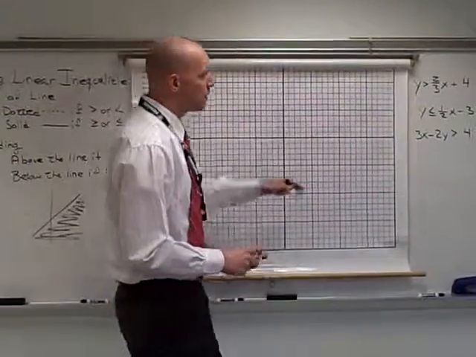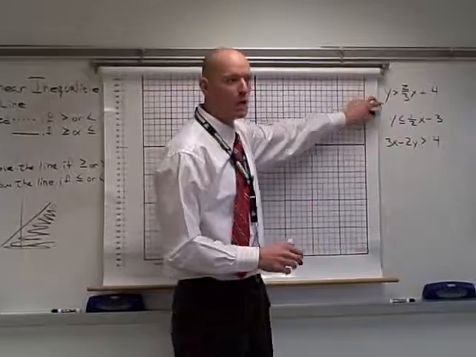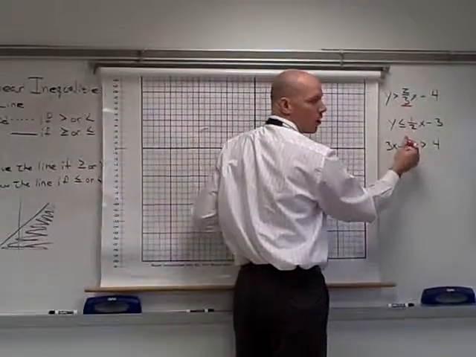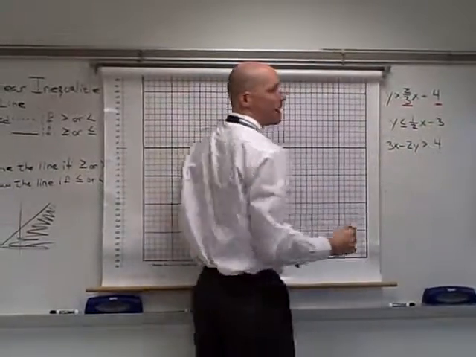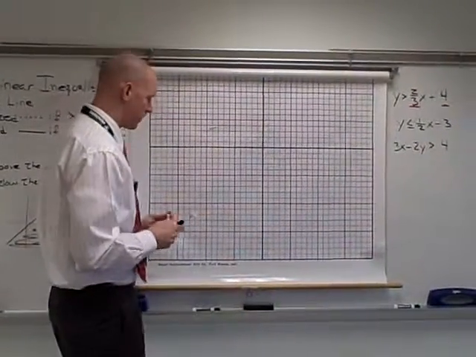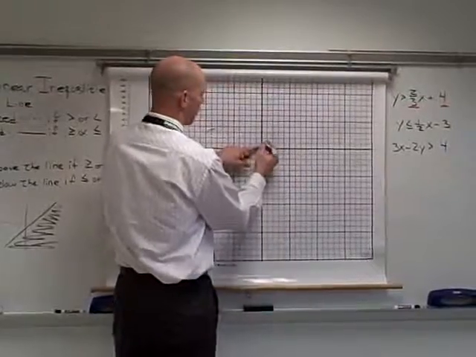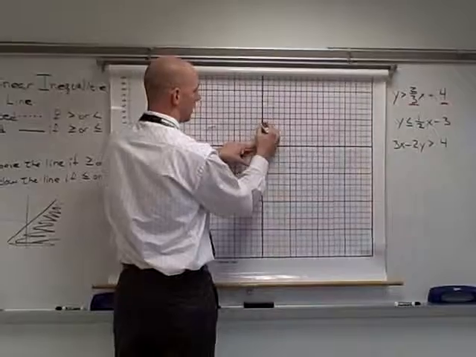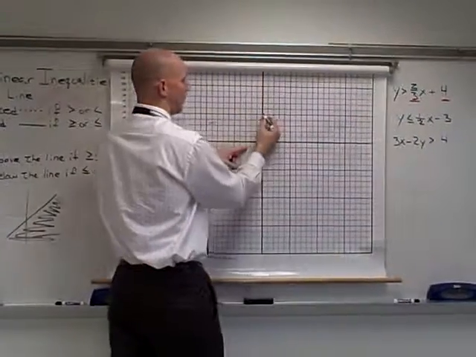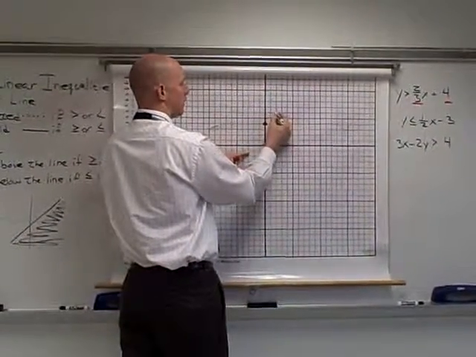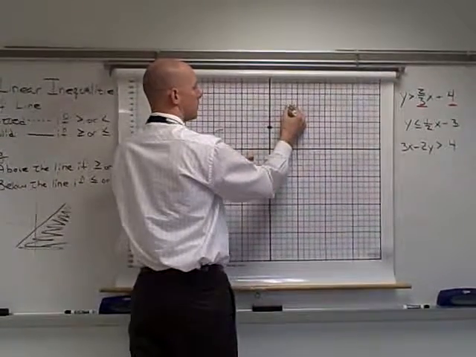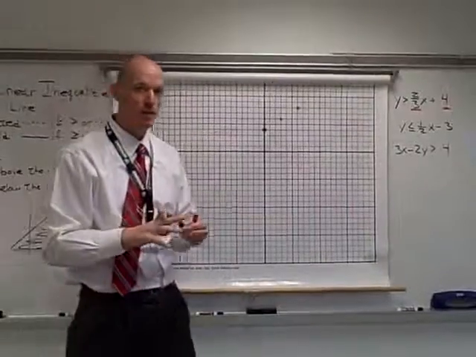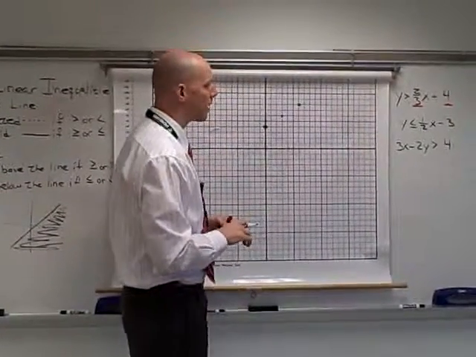Our first inequality is already in slope-intercept form. So I know my slope is 2/3 and my y-intercept is 4. To graph this, I'll start off with my y-intercept of 4. 1, 2, 3, 4. Then with a slope of 2/3, I'll go up 2 over 3, up 2 over 3, as long as I have 3 points to suffice for graphing a line.